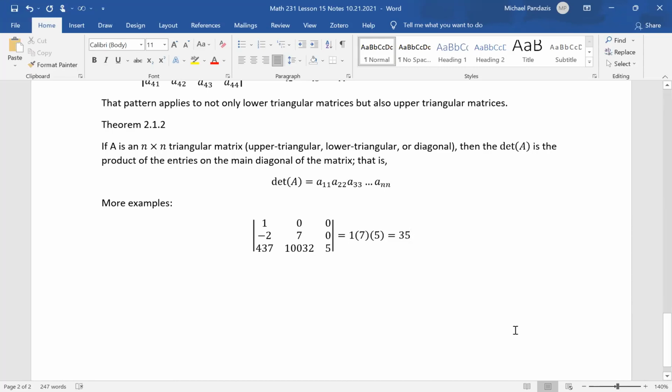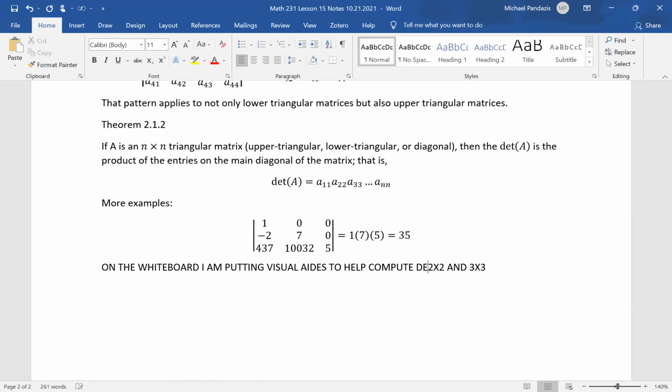Okay, so on the whiteboard, I'm putting up visual aids to help compute determinants of 2 by 2 and 3 by 3 matrices.